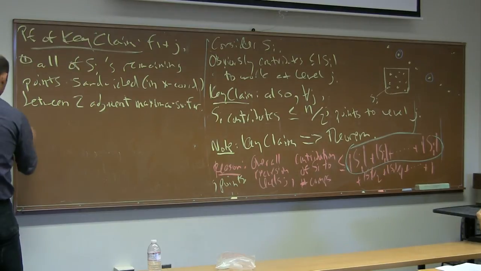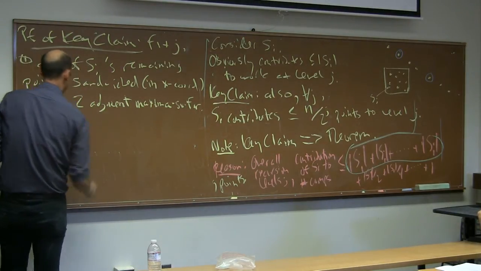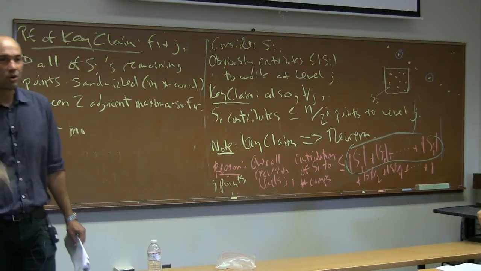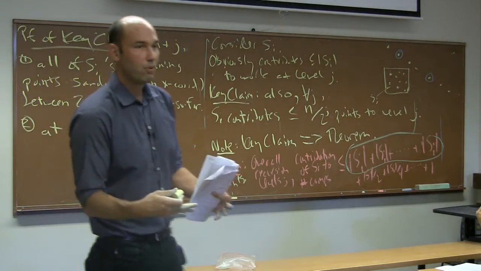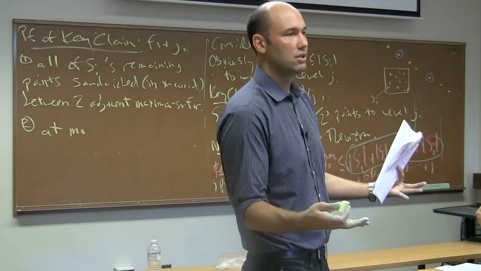And the second thing, and if we prove 1 and 2, we're certainly done, is that if you tell me that at recursion level J there's a bunch of points wedged in X coordinate between 2 successive maxima, there can only be n over 2 to the J of them.